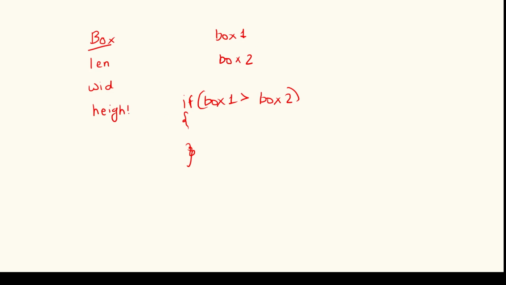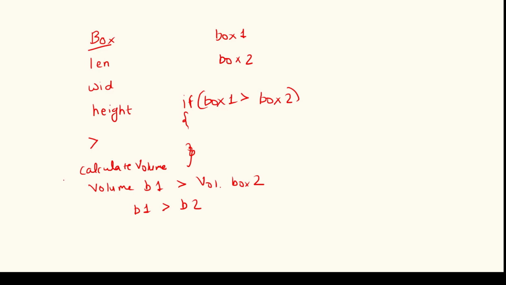So we need to overload it and provide the logic for how to tell if box1 is greater than box2. In our case, let's assume we calculate the volume, and if the volume of box1 is greater than the volume of box2, then box1 is greater than box2.